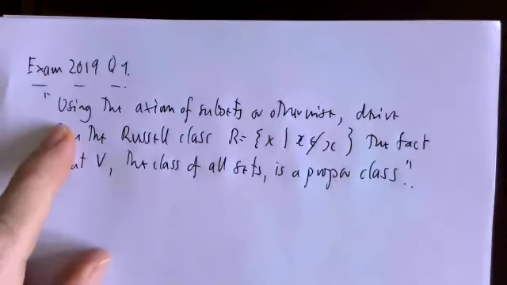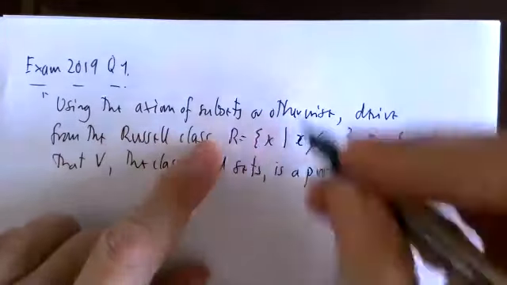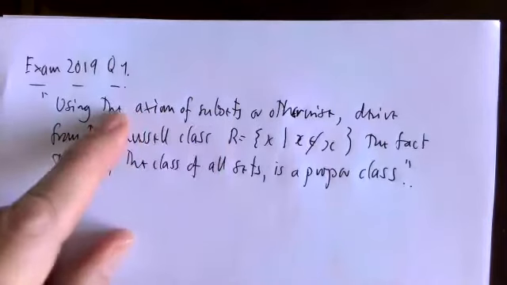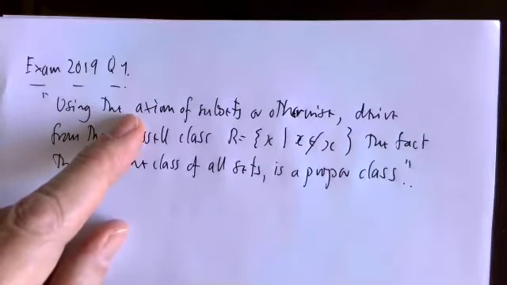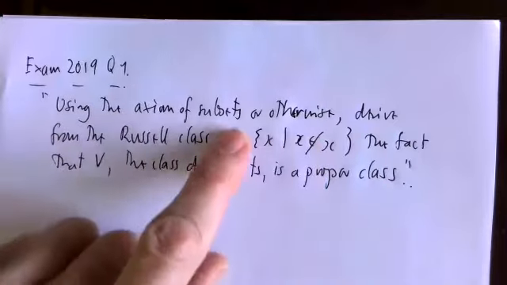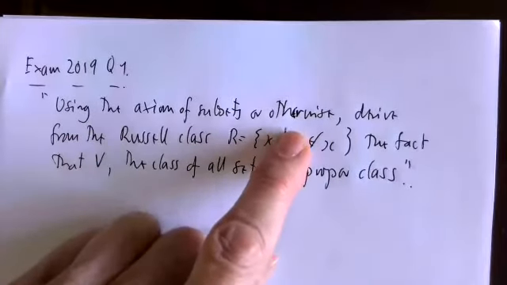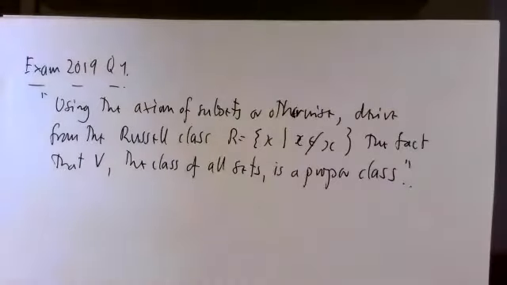So this kind of formulation, use this or otherwise, it's kind of a hint, really. It's just saying use this. You don't have to use this. If you've got some other method, please deploy it. But usually this is the standard way of doing it, or you can choose some other way in the otherwise.